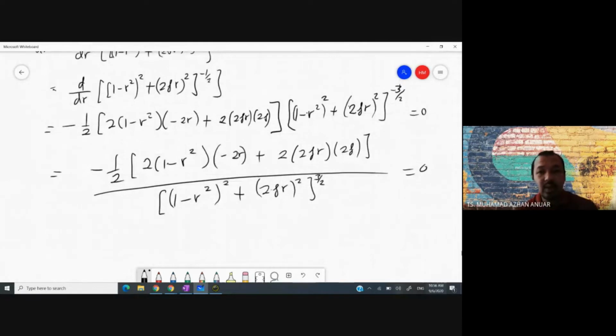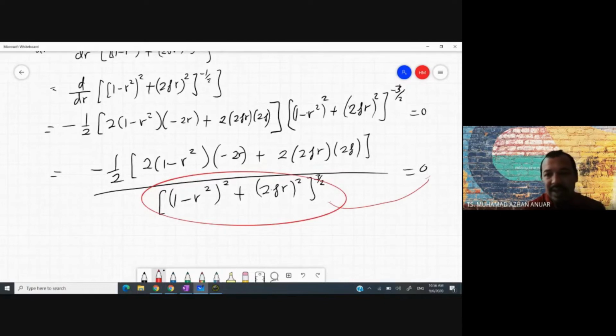Okay, so we bring this one as a denominator back, and then we get this one. And we know that if we multiply this one to the other side, you get 0. And if we bring this one to the other side, you get 0 as well.